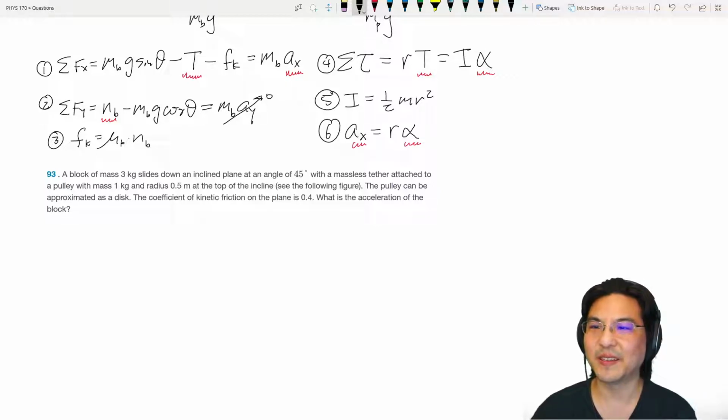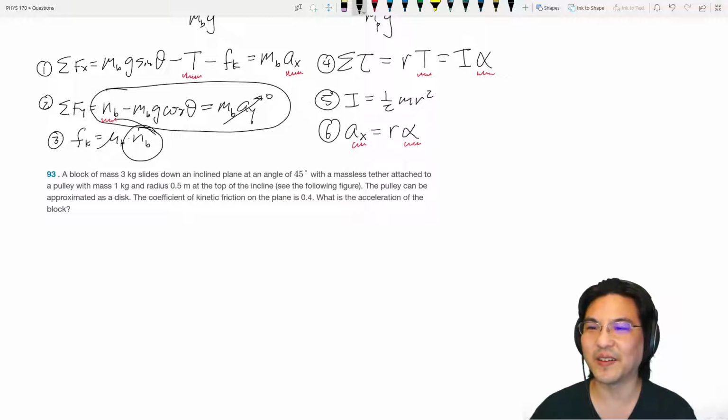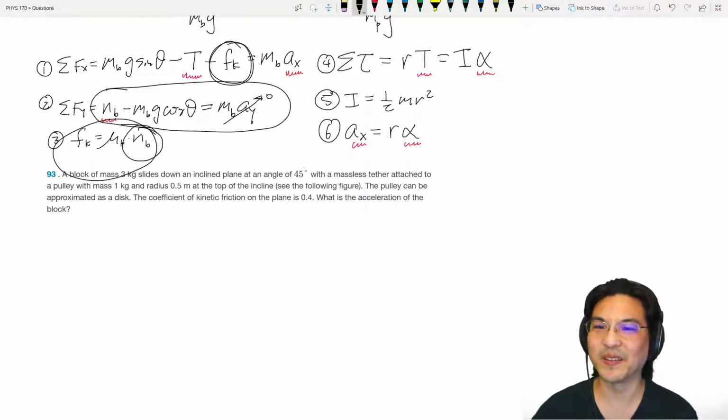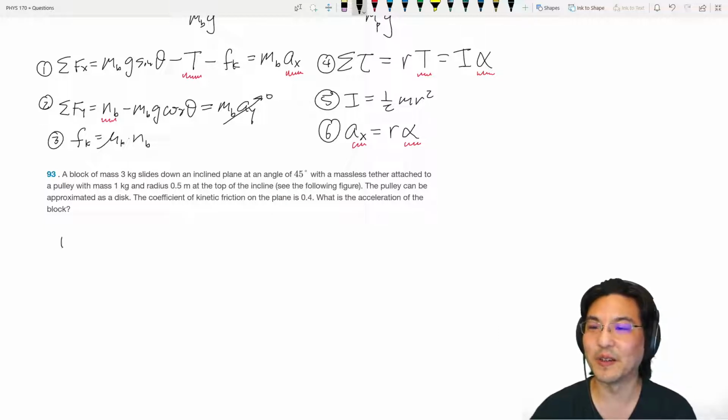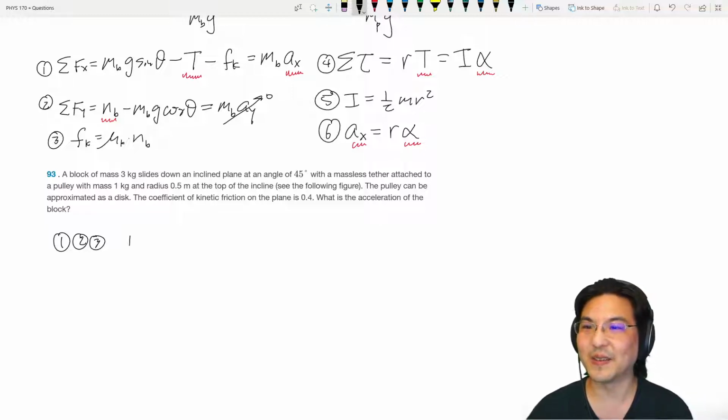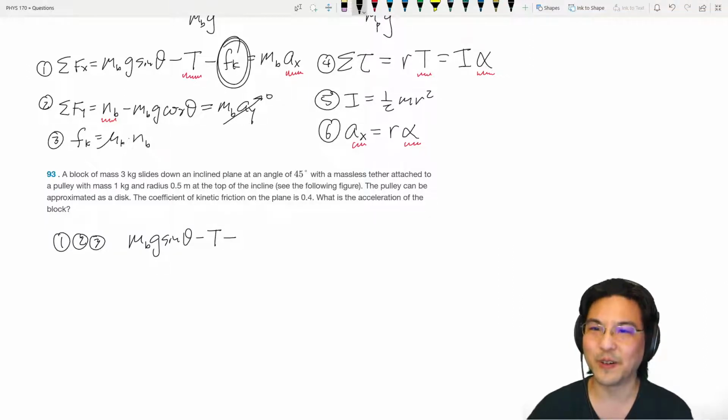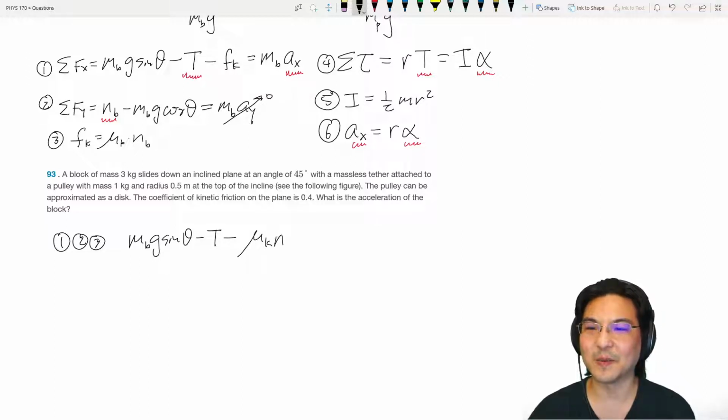So already I can solve this for n, plug it in here, take all of this and put it here. So let me do that right now. Let me rewrite equation 1 by combining it with 2 and 3. Equation 1 is mbg sine theta minus T minus friction, which is mu k times nb.